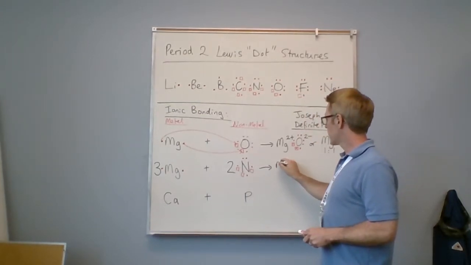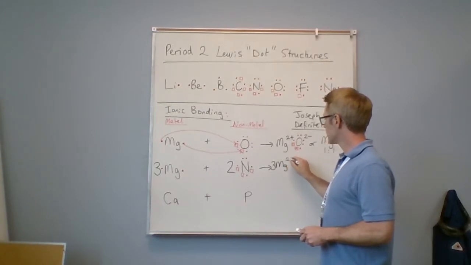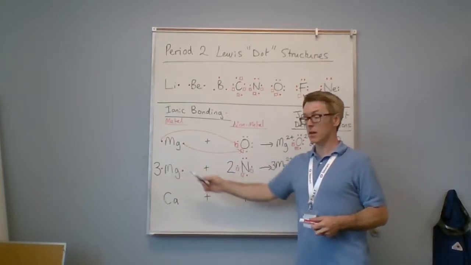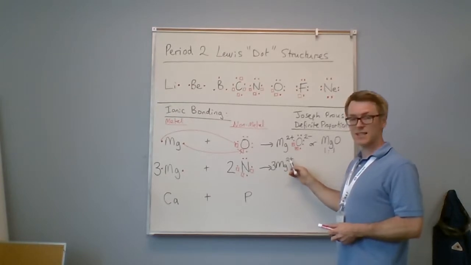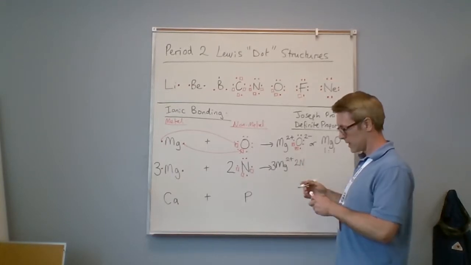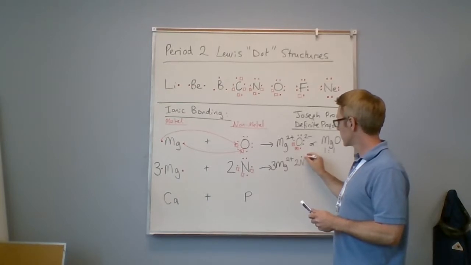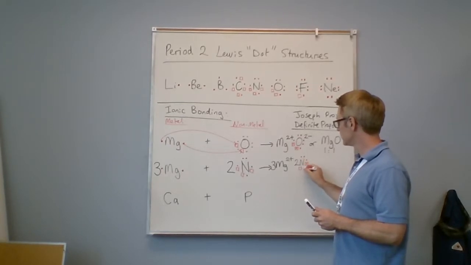So I've got my 3 magnesium. Each magnesium has a +2 charge because each magnesium has lost 2 dots. So I have 3 multiplied by +2, that's 6 positive charges. But I have 2 nitrogen. Now nitrogen has now filled each of its boxes.